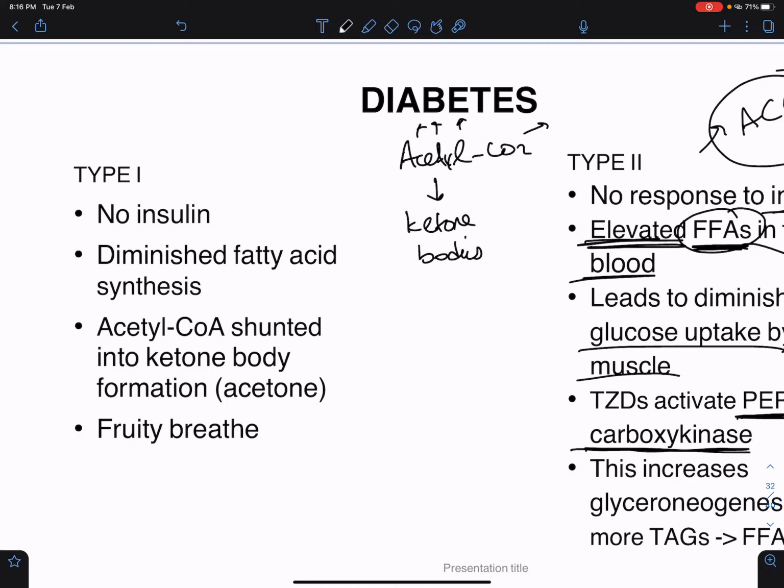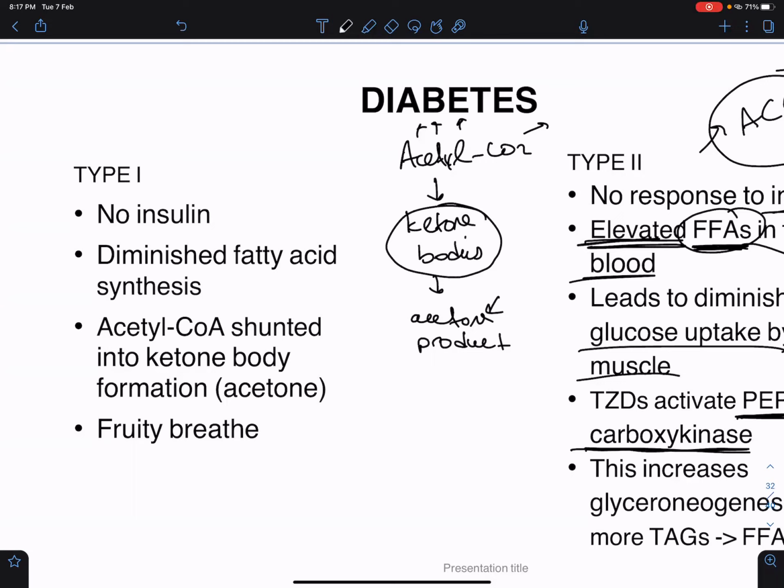The smell of acetone is like alcohol almost. That's why they have an alcohol-like breath, because acetone is a product of the ketone body synthesis pathway. It's one of the ketone bodies. Is this clear? Yes. Okay.